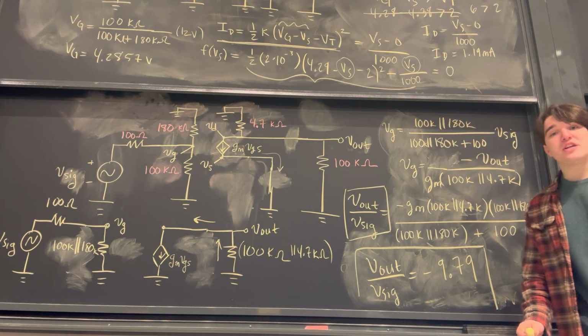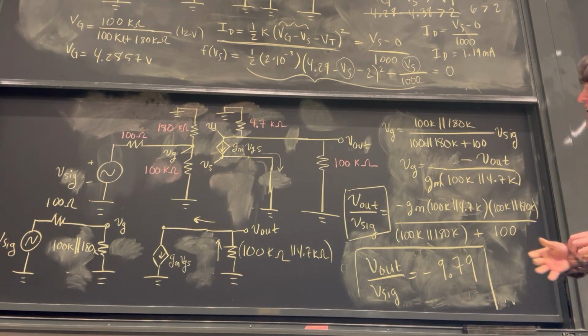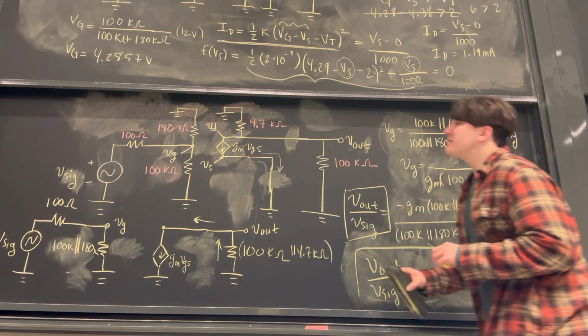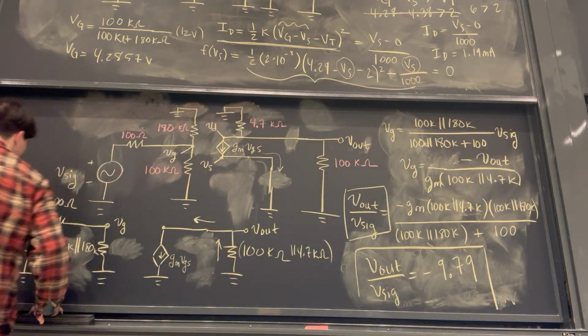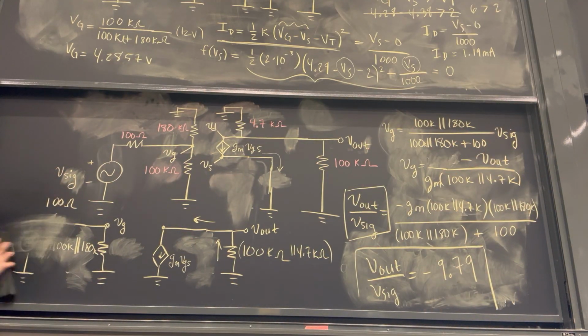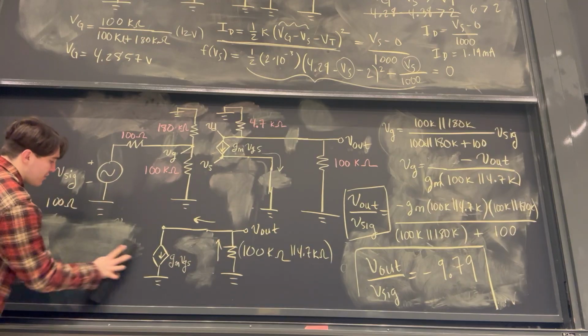And this is a pretty good gain. If you take a look at what something like this gain actually means in the context of engineering, it means that if you plug in a very small signal over here, I'm actually going to erase this to just show it.